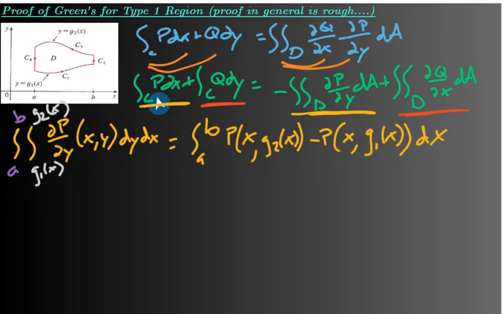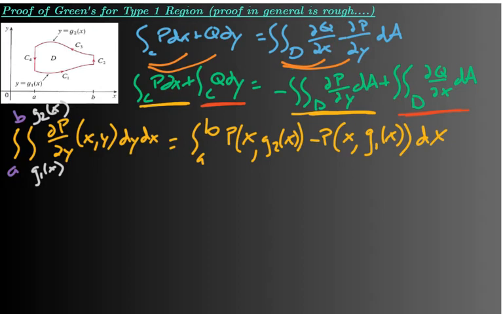So now I'm going to turn to the line integral around the curve for P dx. And I basically need to do 4 different line integrals. Now 2 of them are actually going to turn out to be really nice. And actually maybe we can just say those ones right now if I'm already talking about it.